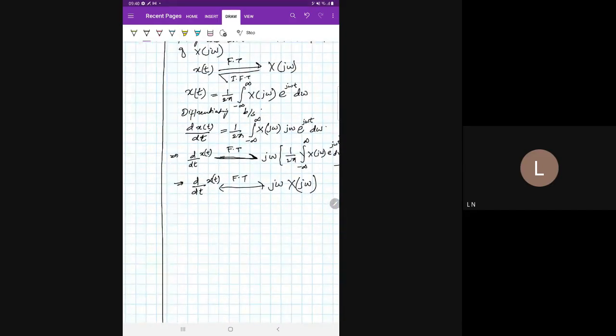Because if we take the Fourier transform of x of t, we will obtain X of j omega. Thus, the Fourier transform of d by dt of x of t is equal to j omega times X of j omega.